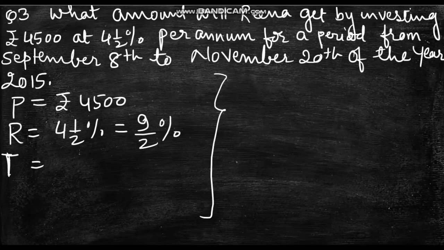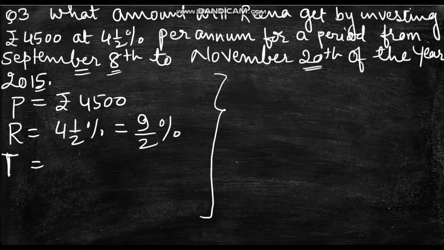This is the year 2015, which means this is not a leap year. Now you have to calculate from September 8th to November 20th. Money has been deposited on 8th September and withdrawn on 20th November.